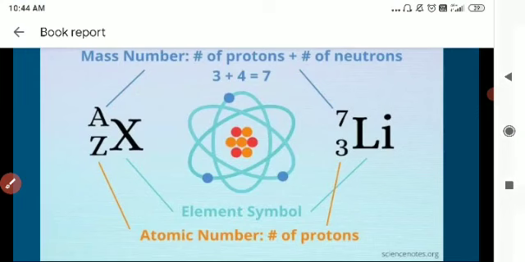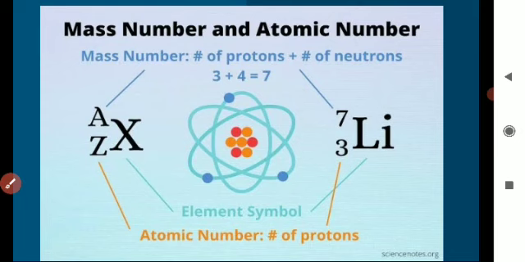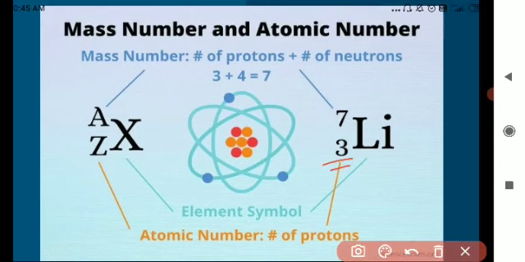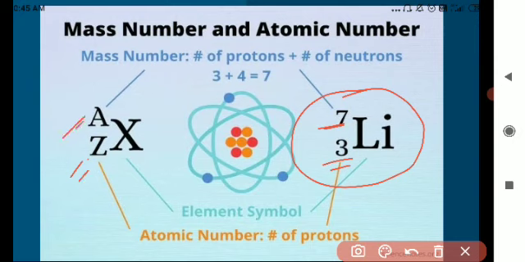So let's see here. For any element in the periodic table, you see there is an atomic number written down, and there is a mass number written above. It is written sideways. This is the convenient way of writing atomic number and mass number of an element in the periodic table.